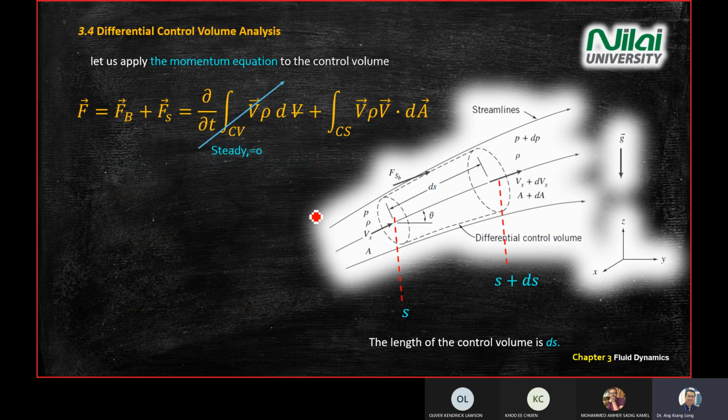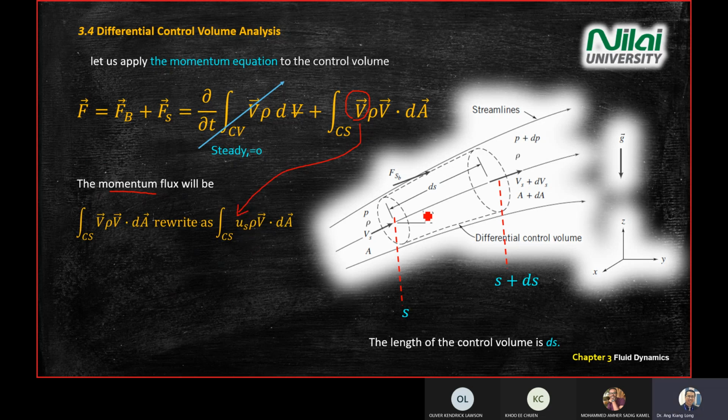Okay, so after that, you continue. We look at momentum flux, which is from the momentum equation itself. So this one, the V rho V dot dA, is your momentum flux actually. So you rewrite, you change the V terms according to the scenario we have here. In this case, we are using your US, right? You just change the notation, US rho V dot dA.